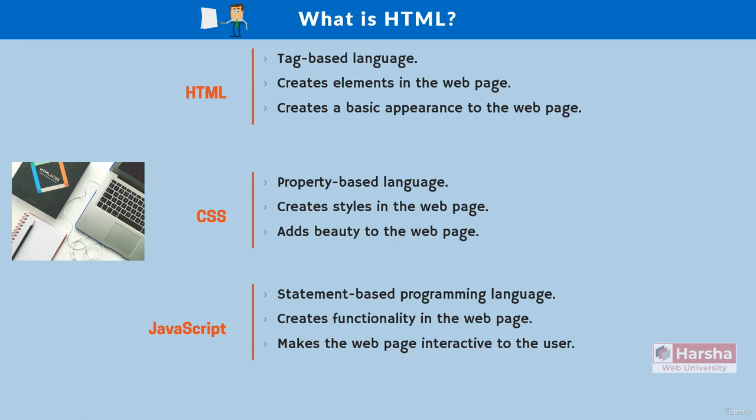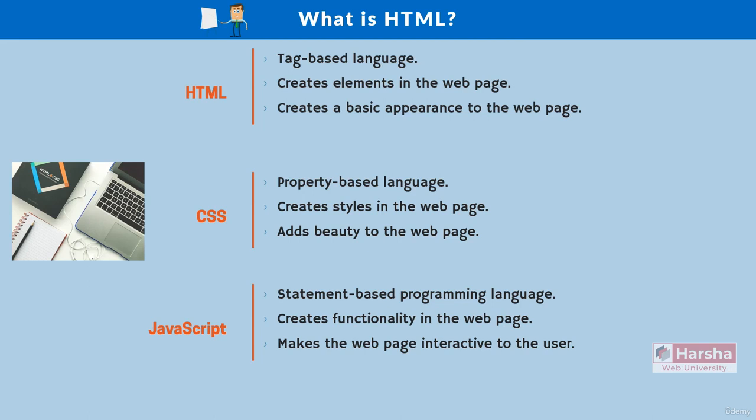The latest version of HTML is HTML5. The latest version of CSS is CSS3. And the latest version of JavaScript is JavaScript 8, which is also called ECMAScript 8. In fact, the version numbers of JavaScript and ECMAScript are the same.